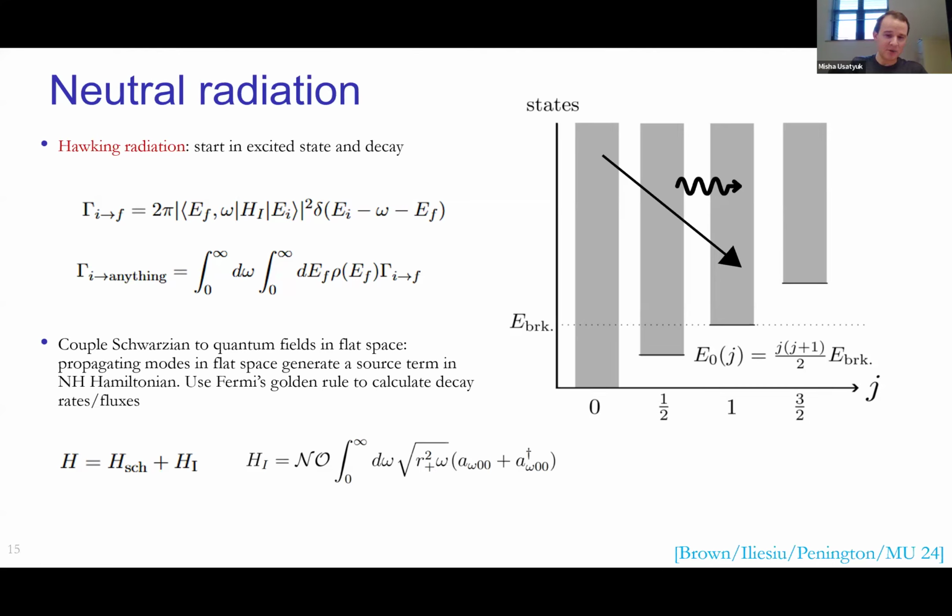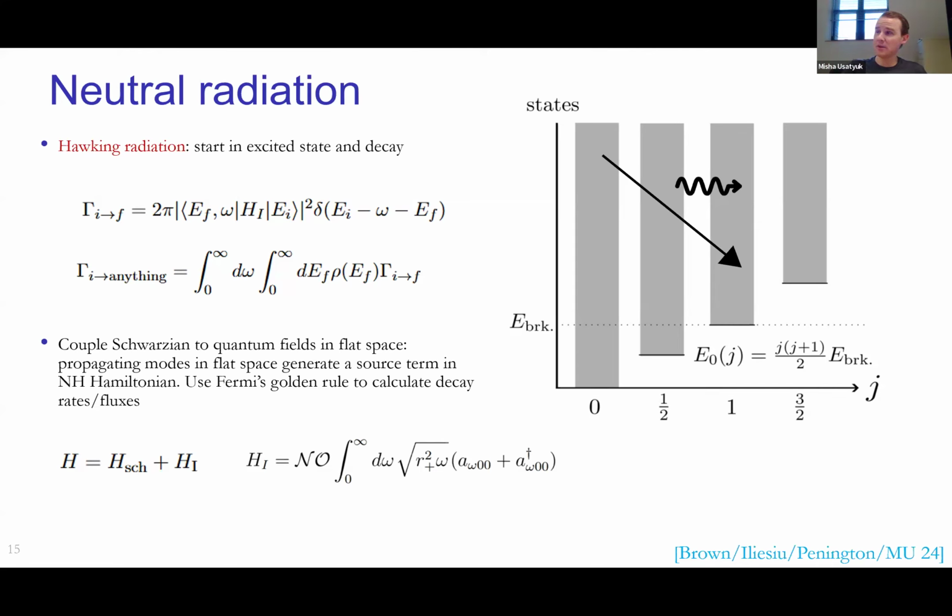So what we need to do is we need to recouple the Schwarzian theory to quantum fields in asymptotically flat space. I won't explain how to do this, but you basically have to study quantum fields in the black hole spacetime and study how a quantum operator at, say, Scri plus induces a source term in the near horizon Schwarzian theory through the AdS-CFT correspondence.